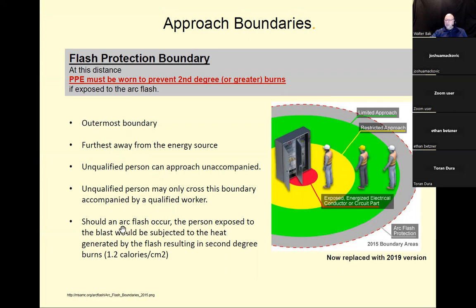Should an arc flash occur, the person exposed to the blast would be subjected to the heat generated by the flash, resulting in a second degree burn, which is 1.2 calories per centimeter squared. All right, so here's the gray area.